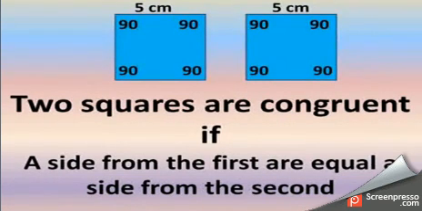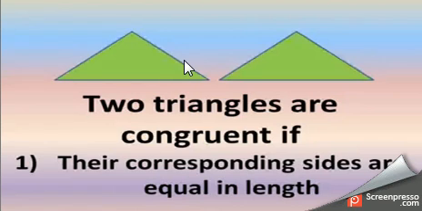Okay, mister. Let's go to the fourth shape. Now we have taken the rectangle, rhombus and square. Now we will take the two triangles. Two triangles are congruent if we have one condition: their corresponding sides are equal in length.